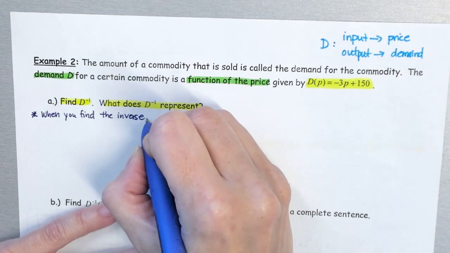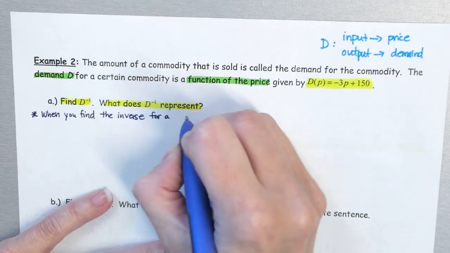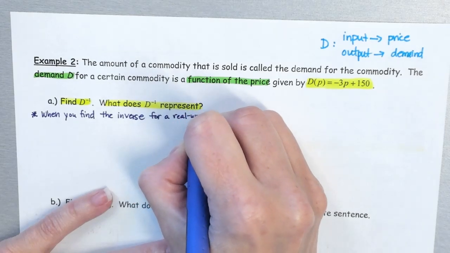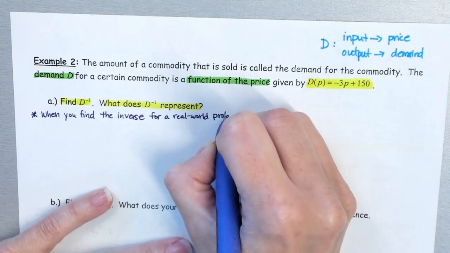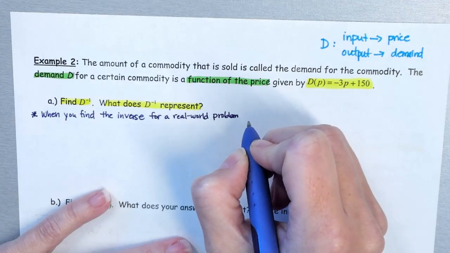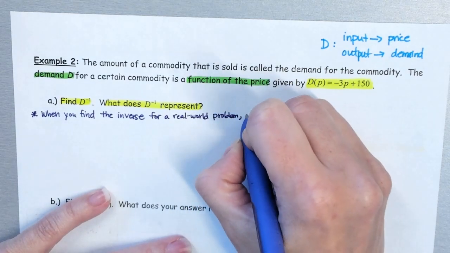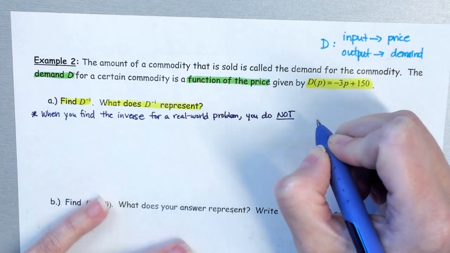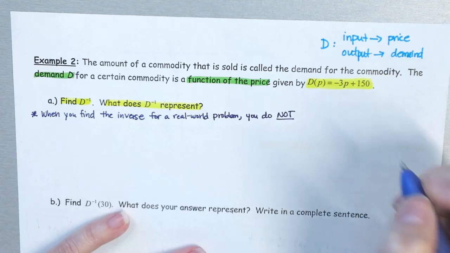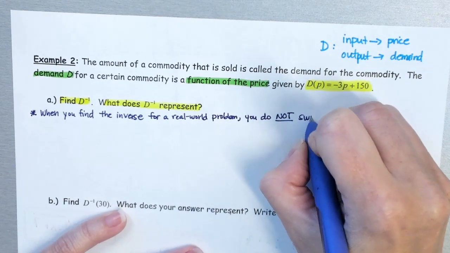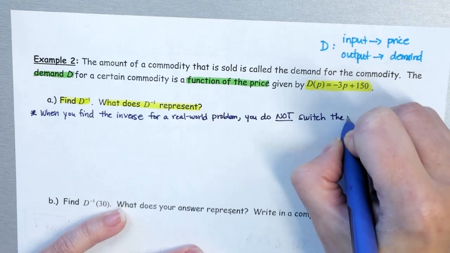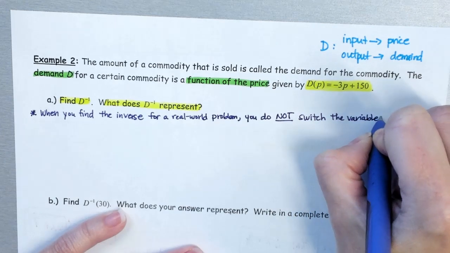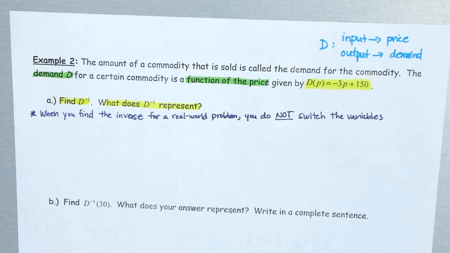So when you find the inverse for a real world problem, you do not switch the variables.